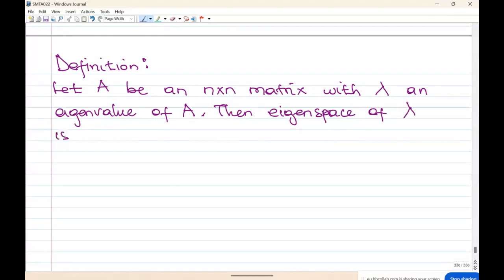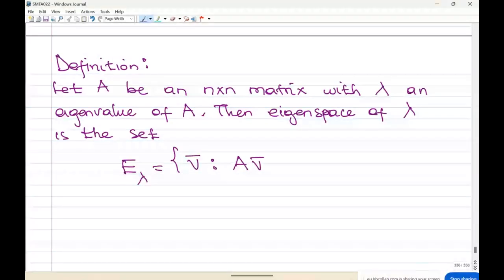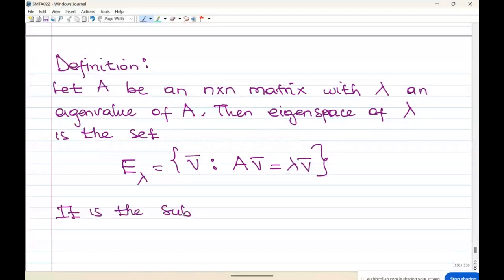Then the eigenspace E of lambda is the set of vectors v such that A multiplied by this vector v equals lambda times this vector v. It is the subspace of n dimension.